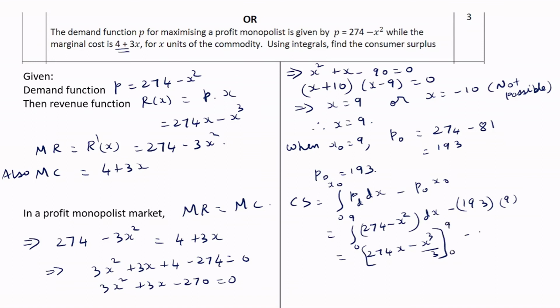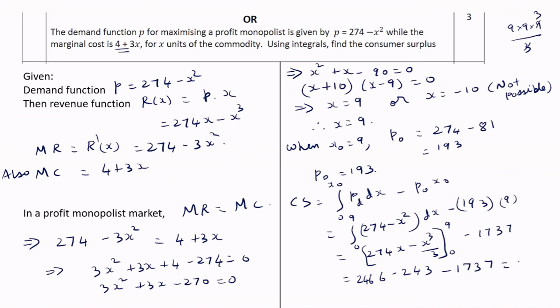minus 1737. Now when we substitute the upper limit, we get 2466 minus 9 cube by 3, so it is 243, minus 1737.